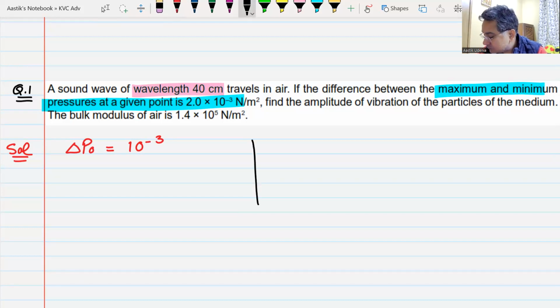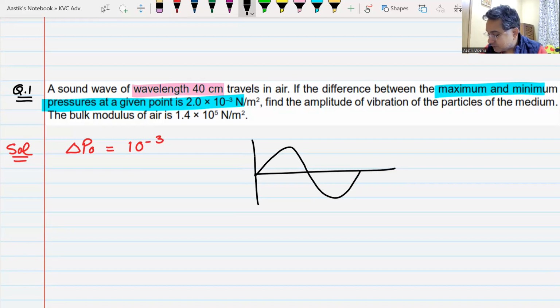If I draw the pressure wave like this, just for the example, this is the compression, maximum pressure, let us say. This is the rarefaction, minimum pressure, and they have given you this difference. Do we understand this? Yes, sir. So the delta P naught, the amplitude of pressure difference, becomes 10 raised to the power minus 3.